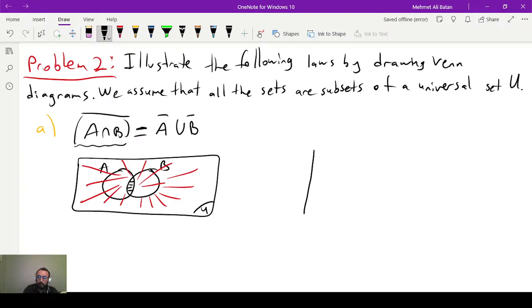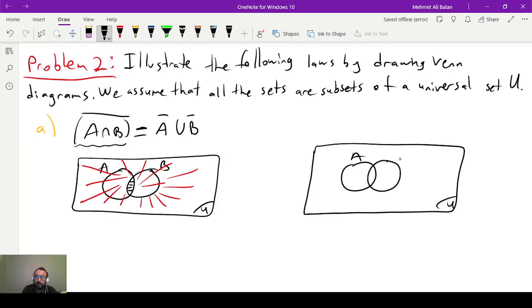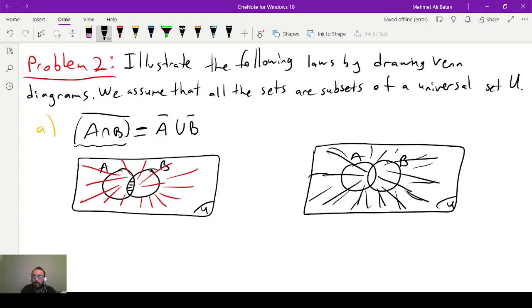Let me sketch one more time. This is the universal set U, the set A, the set B. It says the complement of A, which is this, the complement of B, so their union, which is again the same set, the whole region.